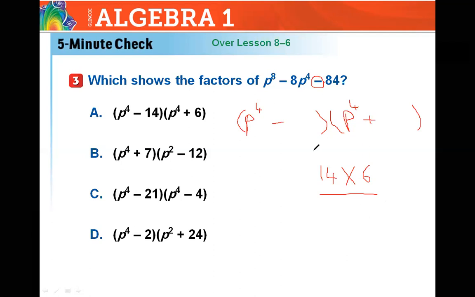So this is our answer, but I need to put the negative sign with the big number. Why? Because the middle sign is negative. So the big number is 14, and I write here 14 with the negative sign and here 6, which is letter A. So the answer is letter A.